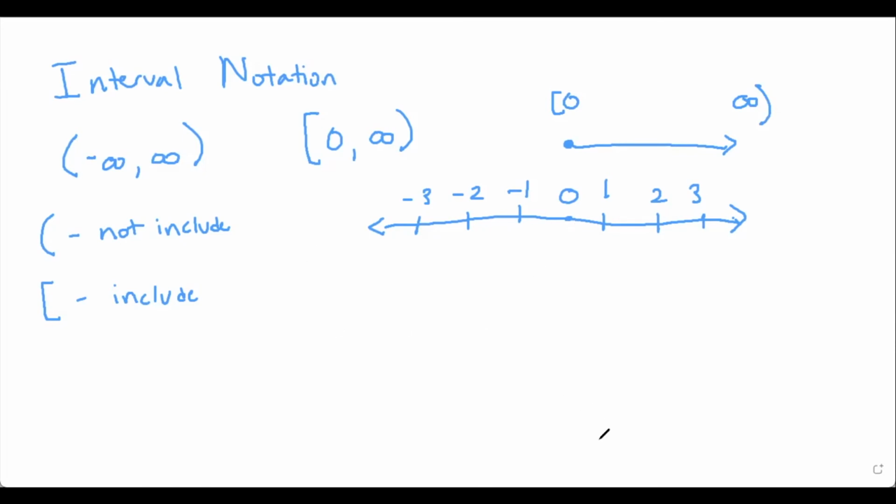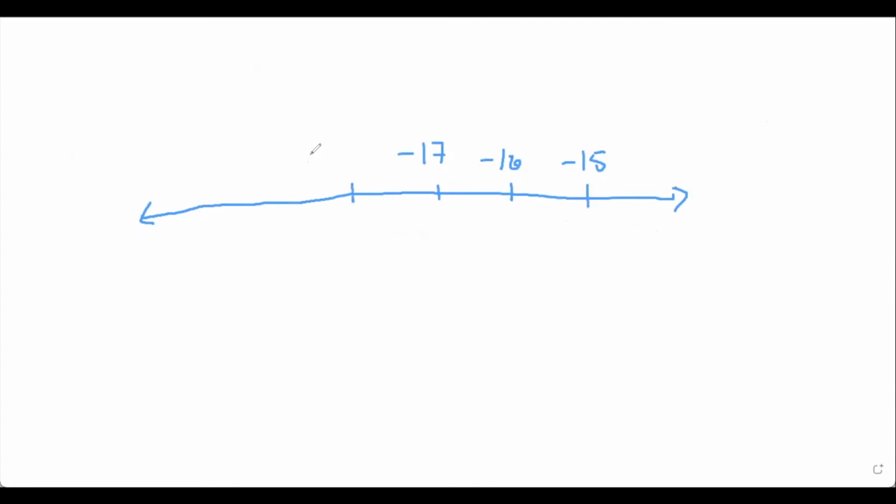Another example we can do is something with parentheses, or open brackets. So let's say we want to look at -20 to -15, and we want those to be not included. So we would have, again, the number line going this way horizontally. And we can say this right here would be your -15, -16, -17, -18, -19, and finally -20.